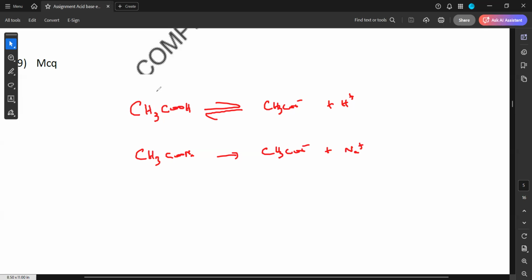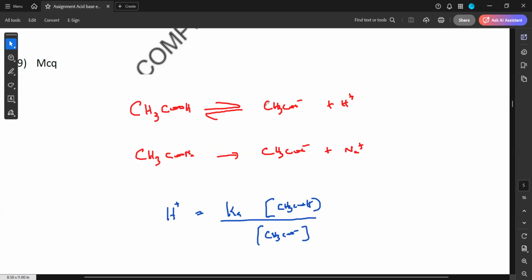Now, when we write the equation for the hydrogen ion for this buffer solution, the hydrogen ion is equal to Ka, the dissociation constant, times the concentration of acid, which means CH3COOH, divided by the concentration of the salt, or the negative ion of the salt, which is CH3COO. Now what happened?